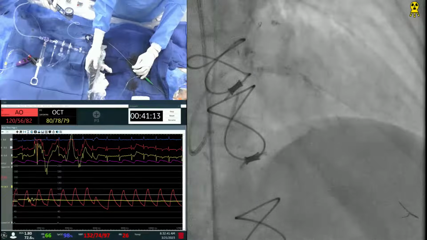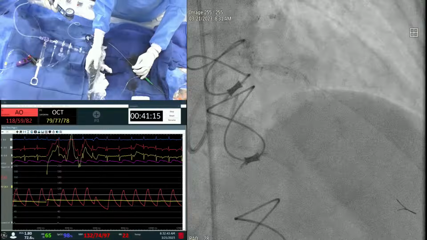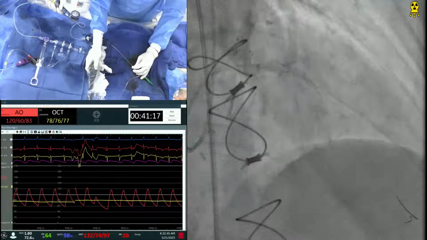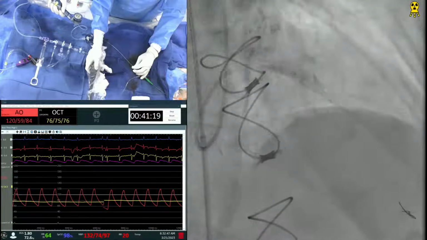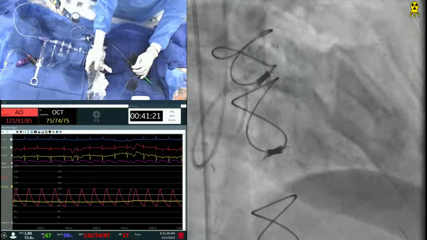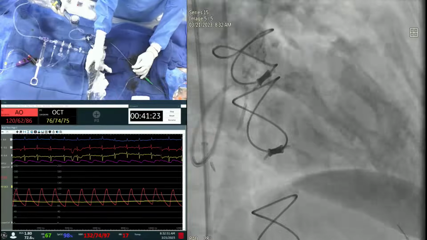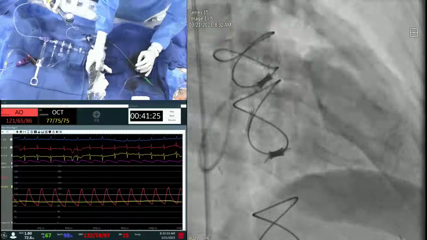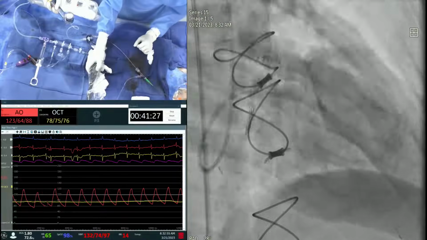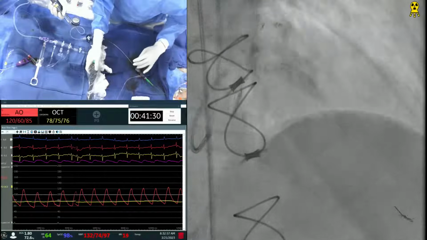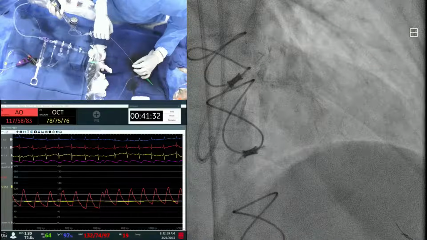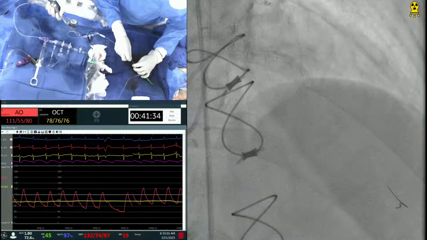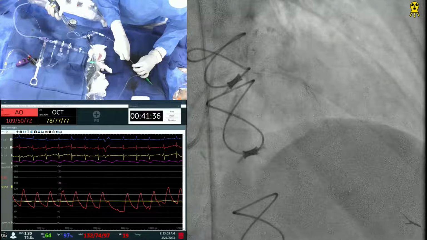Now in a very calcific lesion, a lot of people say just do the IVL and then go back with the stent. No, you need to enlarge and still do the post dilatation before you put a stent. In the Disrupt CAD study, they actually did a pre-dilatation in 54% of cases, and the post-dilatation number was not shown.